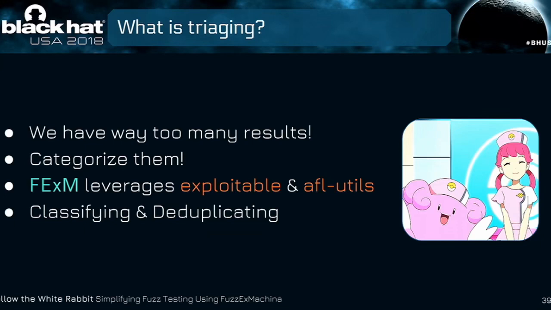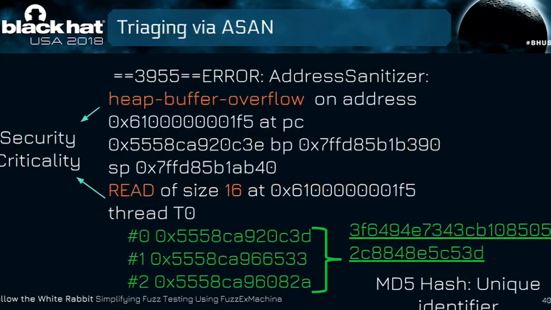Exploitable has a built-in heuristic to assess the severity and the uniqueness of a crash. We only fixed a functionality in exploitable, namely the handling of ASan stack traces. On this slide, you can see a sample ASan stack trace.